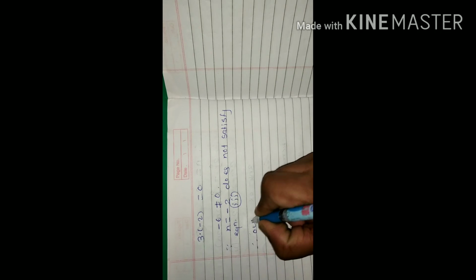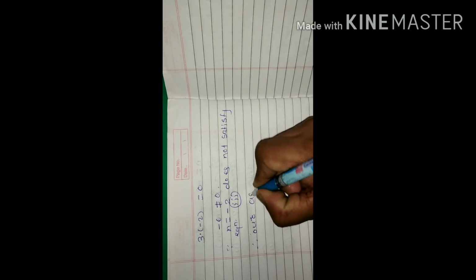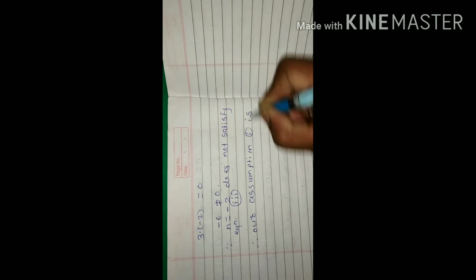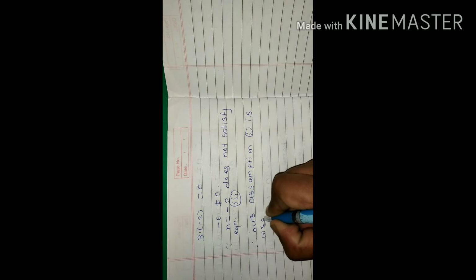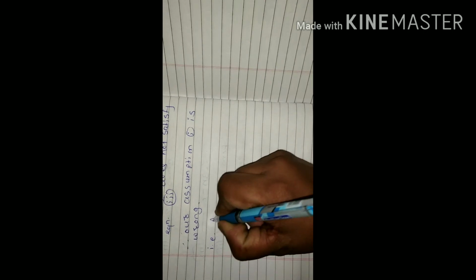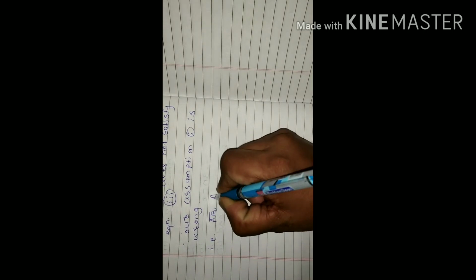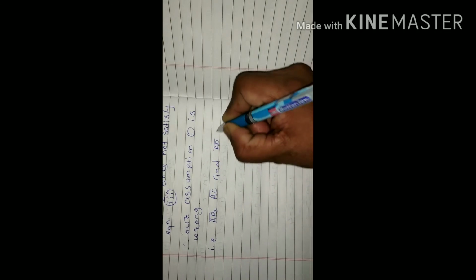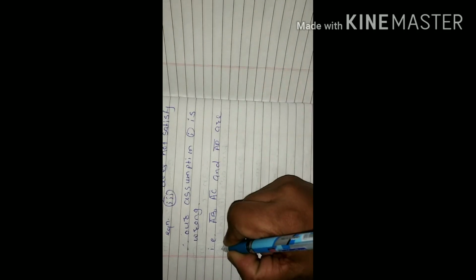Therefore our first assumption is wrong. That is, AB bar, AC bar and AD bar are not coplanar.